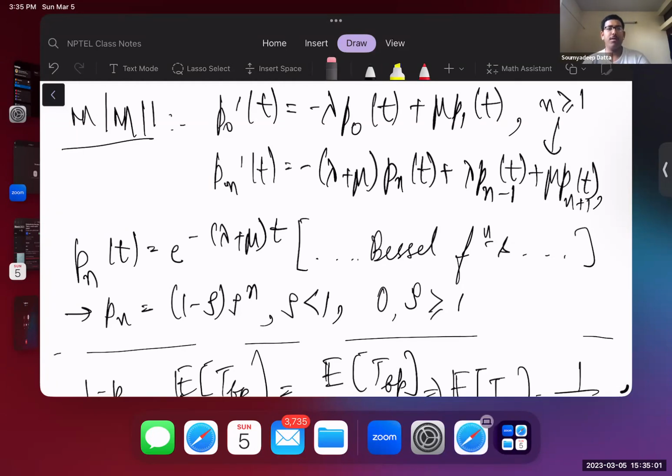It's a good 6 to 7 minute discussion, which I don't remember off the top of my head. But essentially, after all of the calculations, this is a solved problem, and in the transient state what you will have is a factor of e to the power minus (lambda plus mu) times t, times a really big term which comprises a sum of Bessel functions.